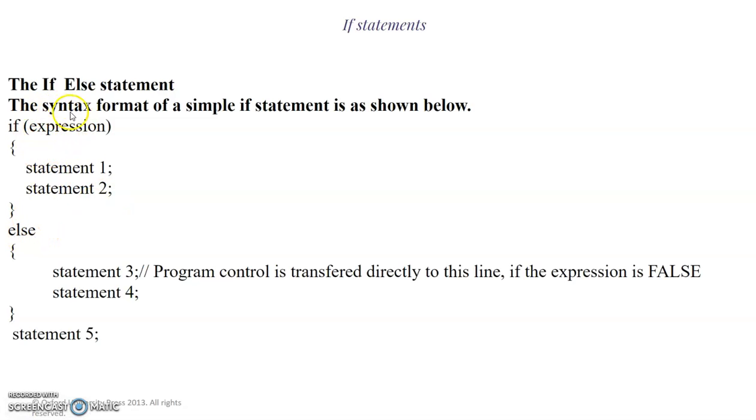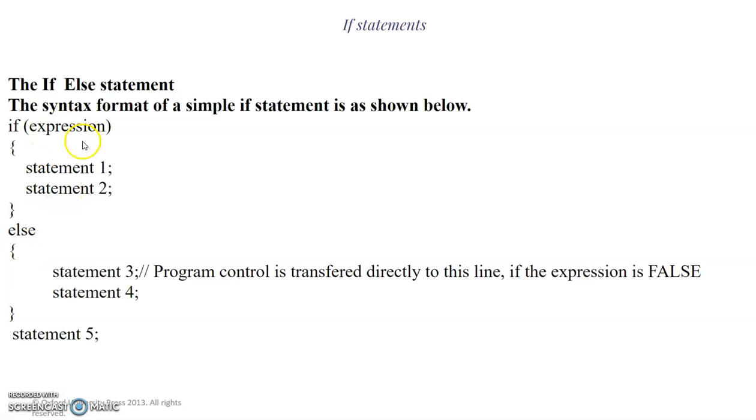And if this expression evaluates to false, then the statements which are to be executed are placed after the else block. So it is else. Again, we call it a block of statements, and here we are writing statement 3 and 4, which are the statements executed when this expression becomes false, followed by statement 5.